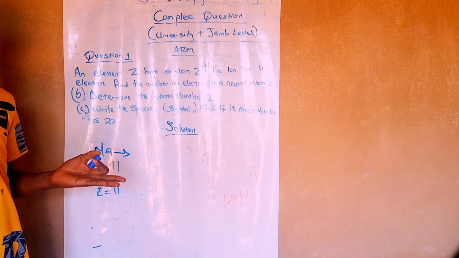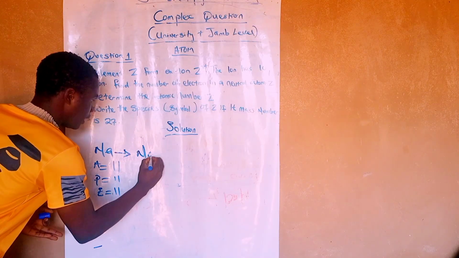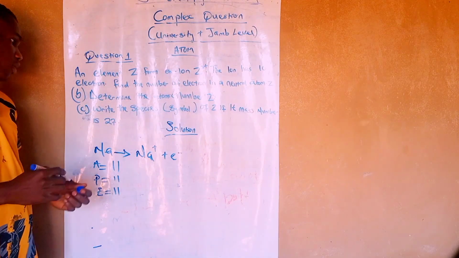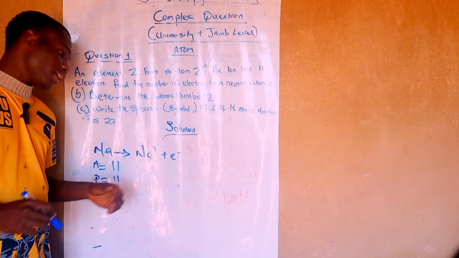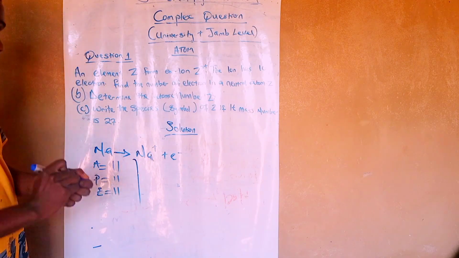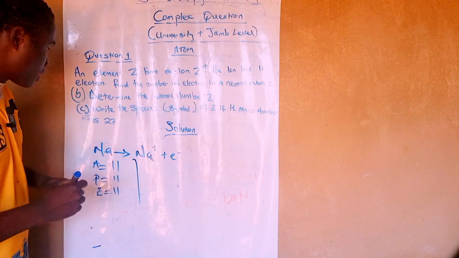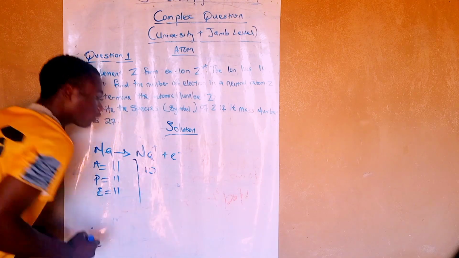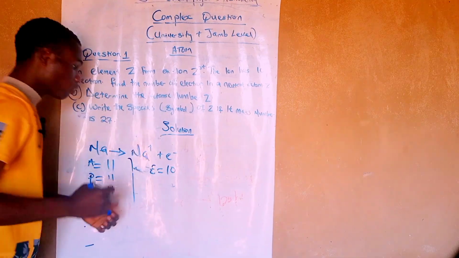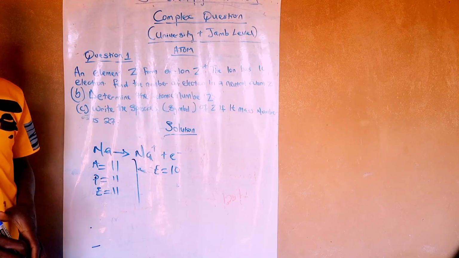So in this case, if sodium has to form an ion, sodium needs to give out 1 electron, which is Na becoming Na plus and an electron. In this kind of ion, the number of electrons in this particular ion is 10, because sodium has lost one electron.